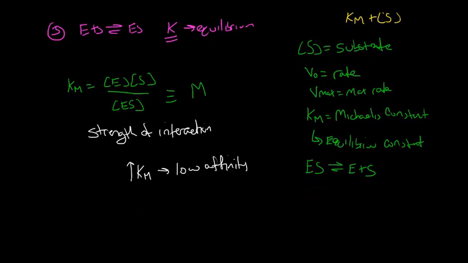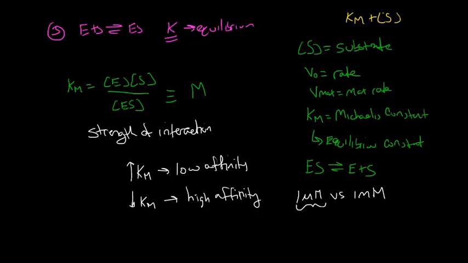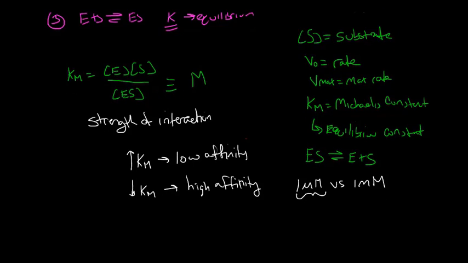But really small Michaelis constants, really small Km values, mean we have a high affinity, so the enzyme binds to the substrate really tightly. For example, if we had a 1 micromolar Km versus a 1 millimolar Km, since 1 micromolar is a smaller number, this would be the higher affinity interaction between an enzyme and a substrate.